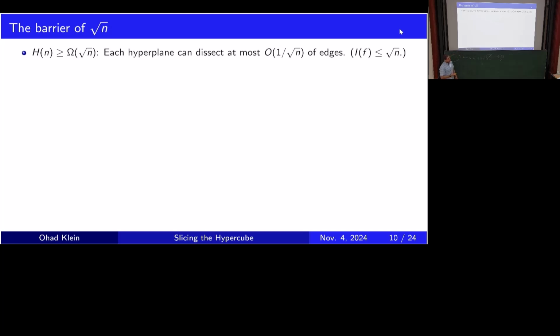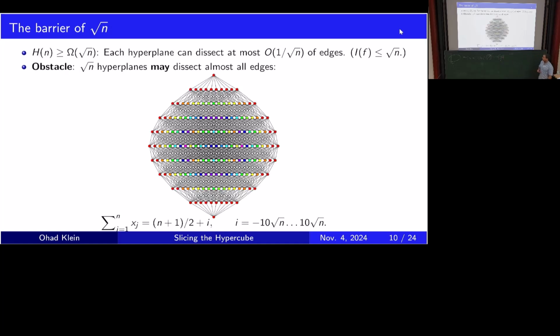Now I want to propose a reason for maybe why we did not advance on this problem for 50 years. The reason is that if you use square root of n hyperplanes, you can dissect almost all edges.